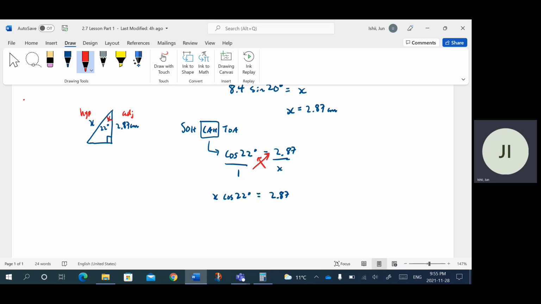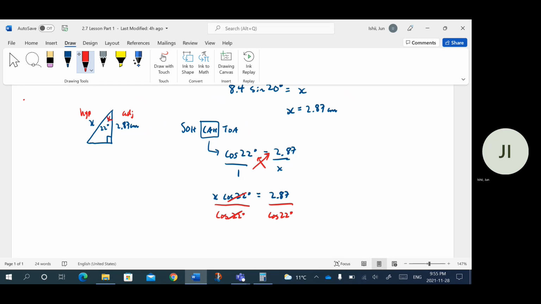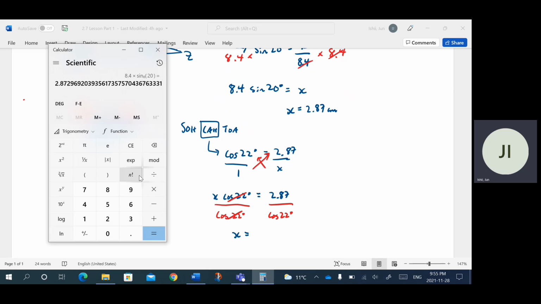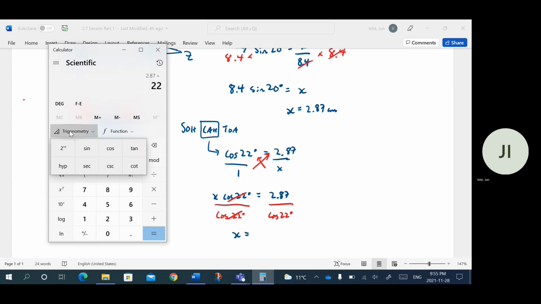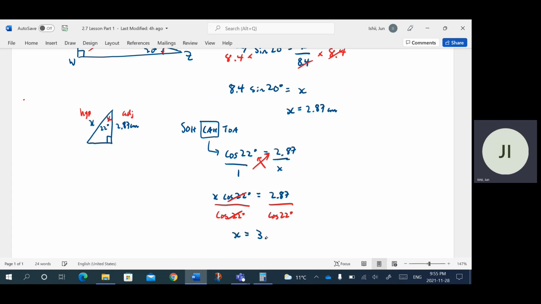Now to solve for x, I'm going to divide both sides by cosine of 22 degrees. These cancel, and therefore x is going to equal 2.87 divided by cosine of 22. Let's punch that in and see what we get. It equals 3.095, and we can round that to 3.1.